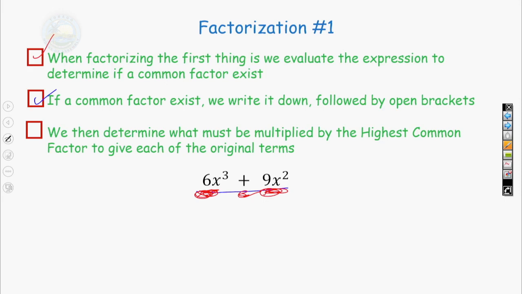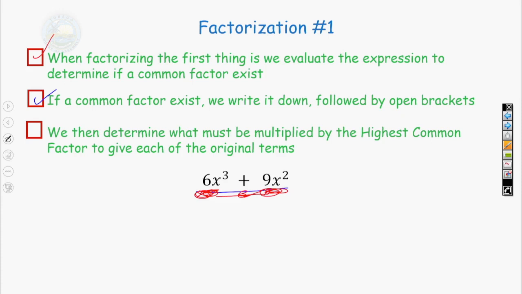So we're factorizing it. Let's go back to the steps again. Step 1, when factorizing, the first thing we do is to evaluate the expression. Here is our expression made up of 2 terms. Evaluate the expression to determine if a common factor exists. My terms: 6x cubed, 9x squared. Do we have a common factor?